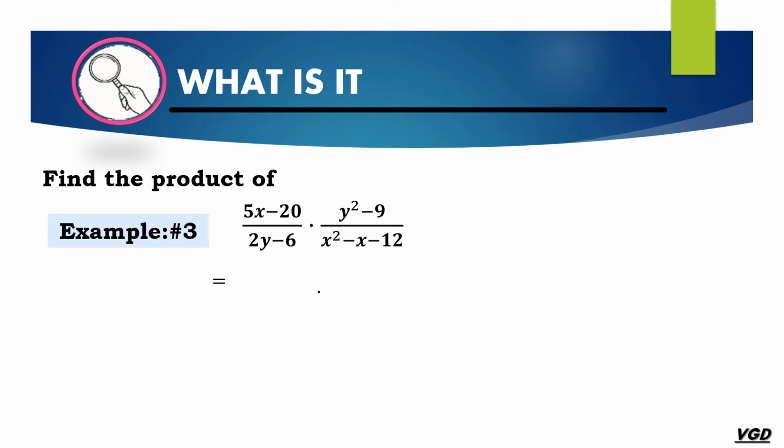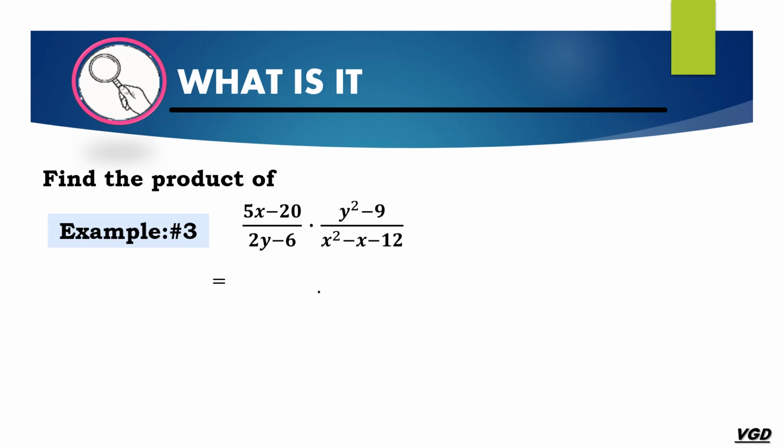In solving these rational algebraic expressions, we have to recall our knowledge in factoring. So, let's start by factoring this first expression, 5x minus 20 over 2y minus 6. To factor this out, we need to recall getting the greatest common monomial factor.